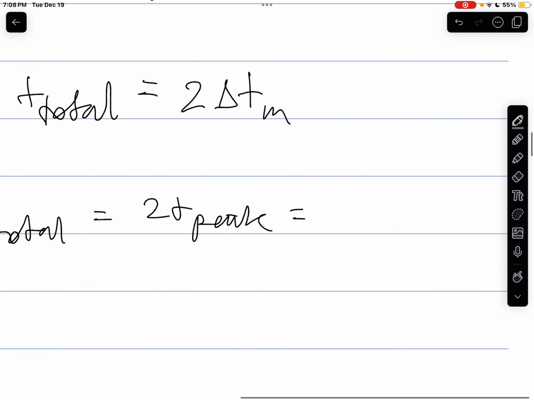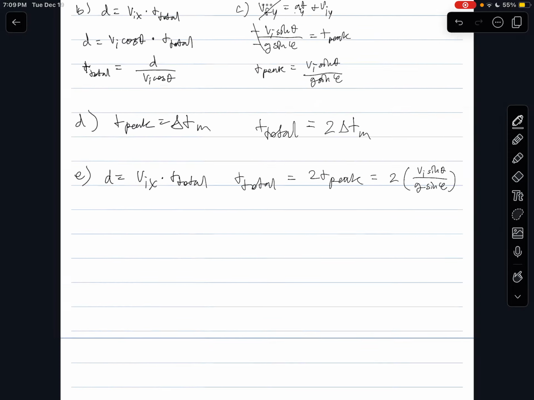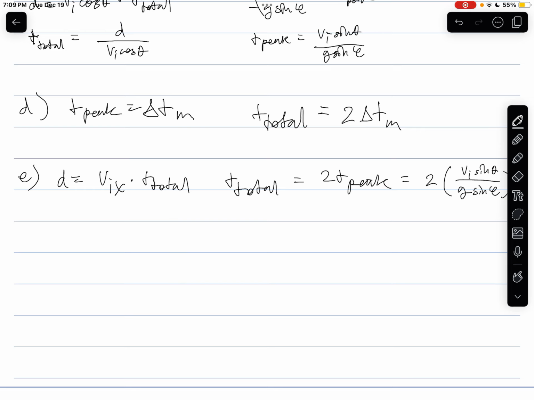To substitute in for T peak, it's 2 VI sine of theta over g sine of theta 2. Okay, so now I'm going to plug this T total into here.